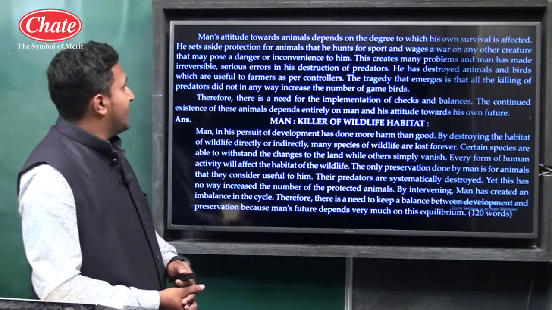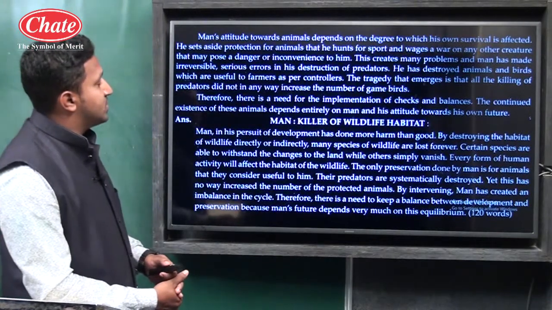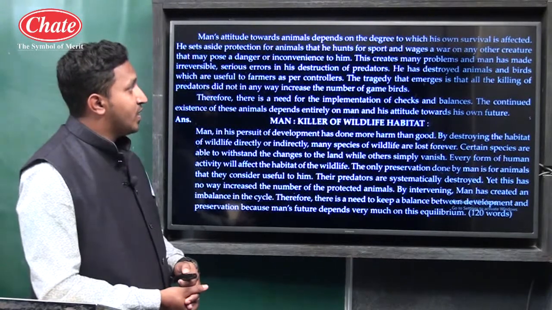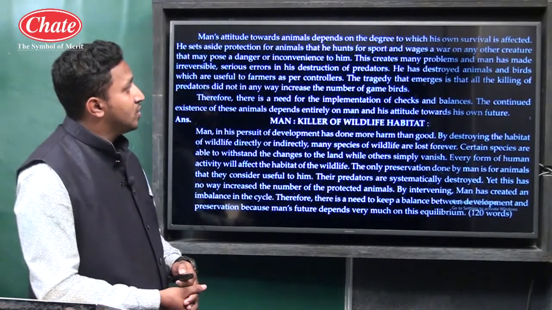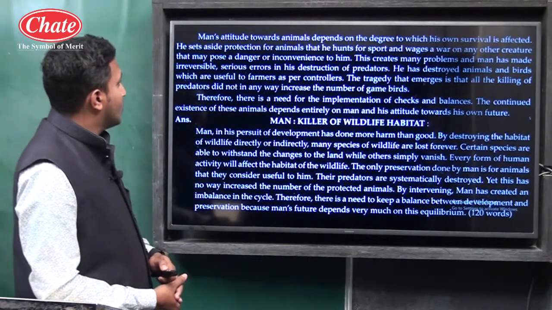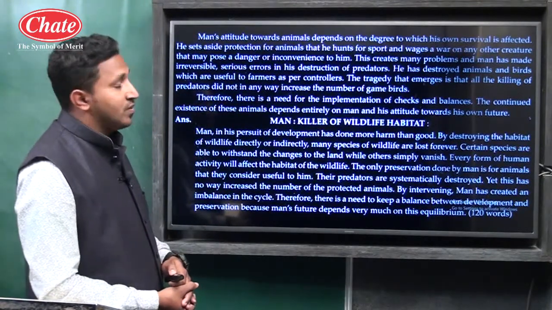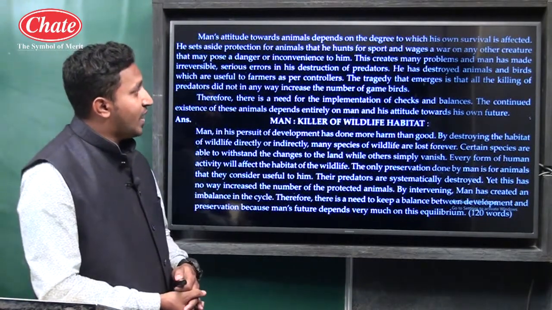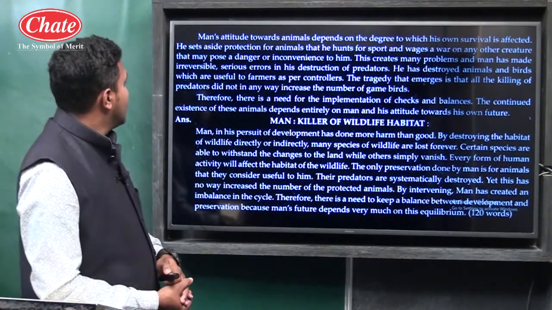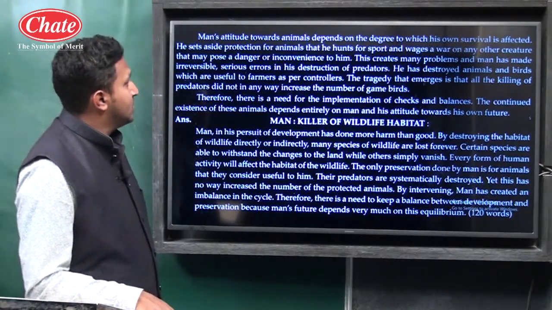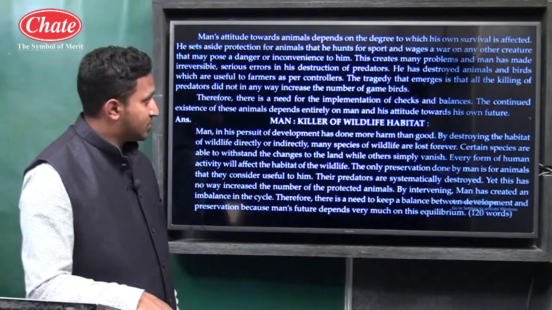He sets aside protection for animals that he hunts for sport and wages a war on any other creature that may pose a danger or inconvenience to him. This creates many problems, and man has made irreversible, serious errors in his destruction of predators.